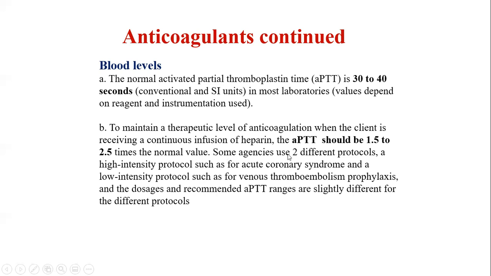And some agencies use two different protocols: a high-intensity protocol, such as for acute coronary syndrome, and a low-intensity protocol for venous thromboembolism prophylaxis, and also the dose and recommended PTT range are slightly different for different protocols.